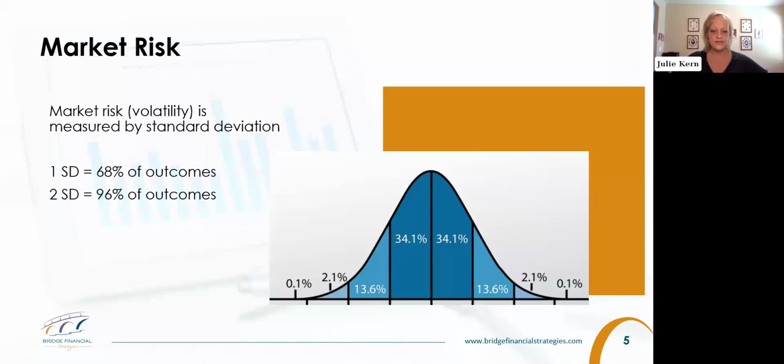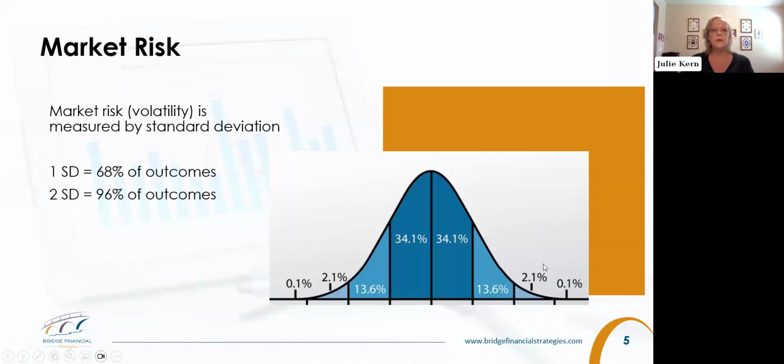Going out two standard deviations is an additional 13.6 on either side, and all four of these added together is about 95.4%. So that encompasses really almost all of the outcomes.